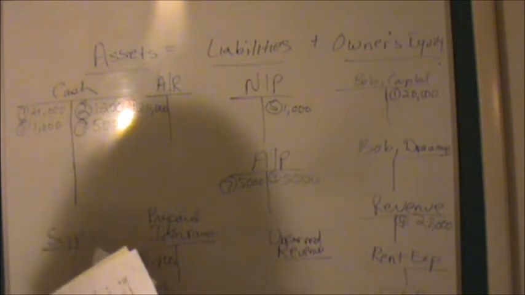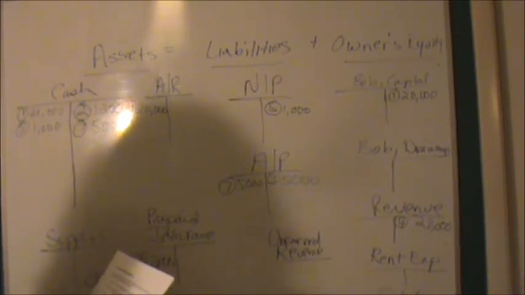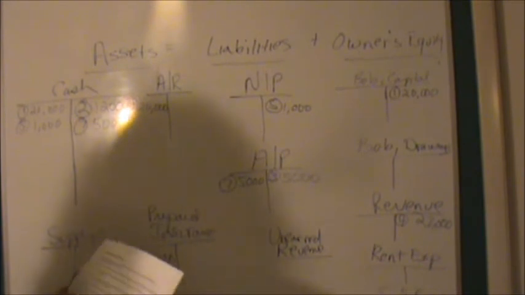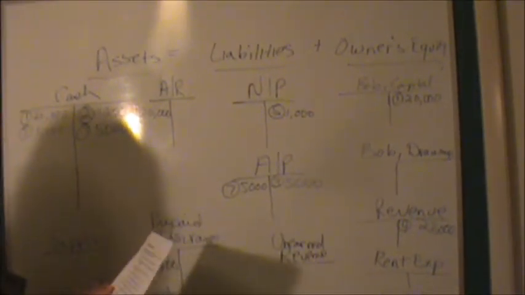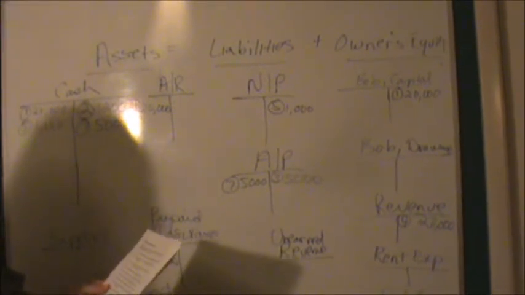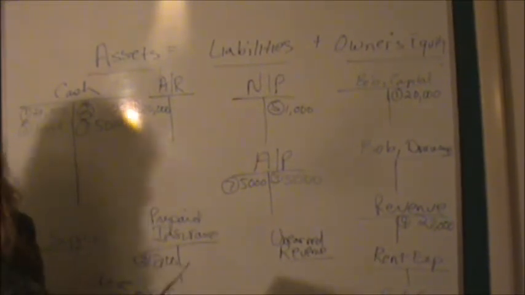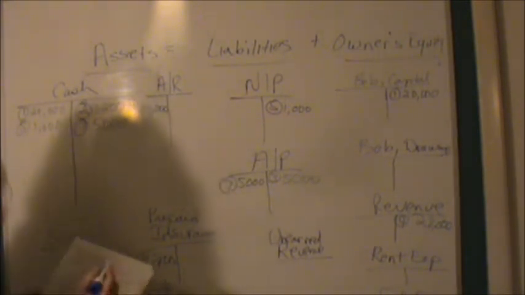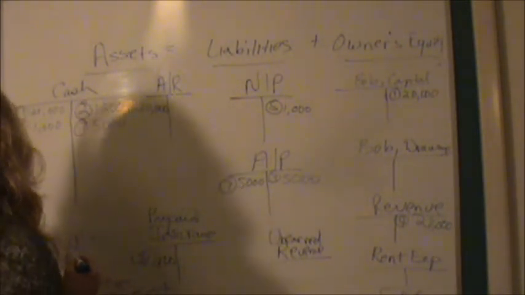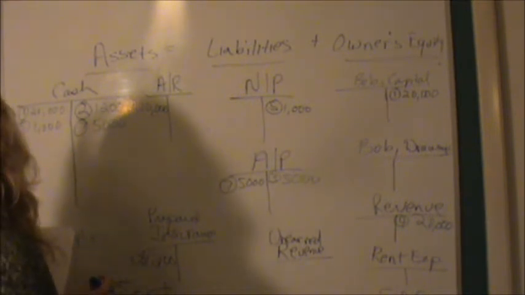The next thing we're doing is we're purchasing supplies from Ace Company, $1,000 of supplies, and we're paying $800 in cash, and we're going to have $200 that we're going to pay later on account. So we purchased the supplies for $1,000, so we're going to go ahead and debit our supply account for the $1,000.